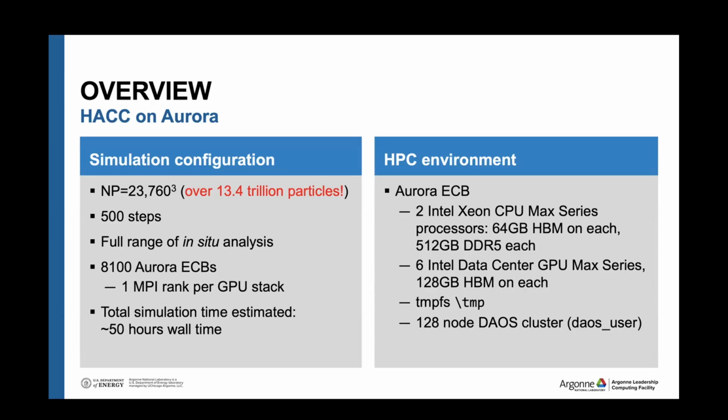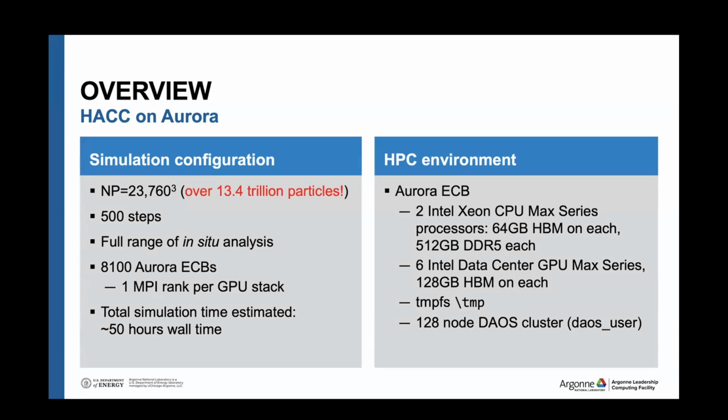And just to refresh your mind on the HPC environment, Aurora's ECB has 2 Xeon CPU Max processors, 64 gigabytes of HBM, 512 gigabytes of DDR per CPU, so collectively about a terabyte of DDR.